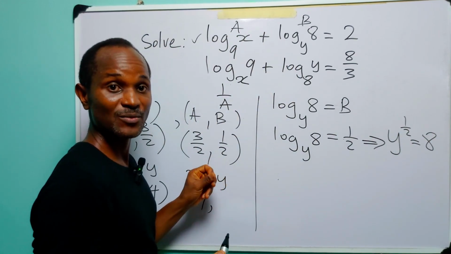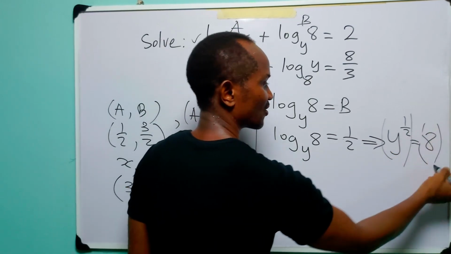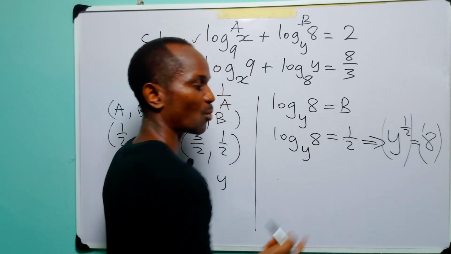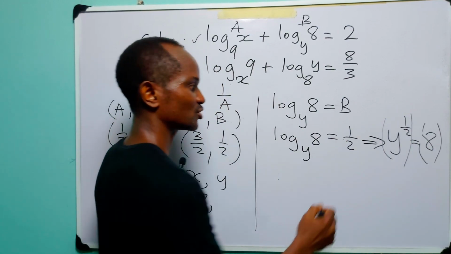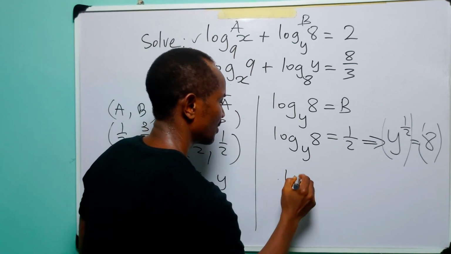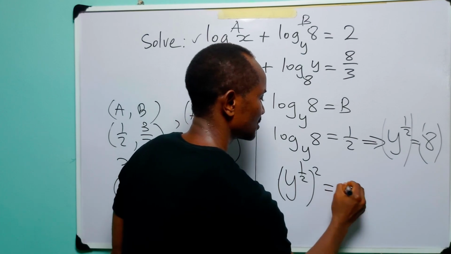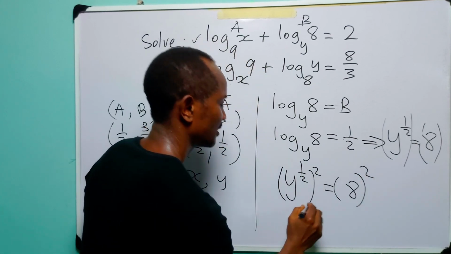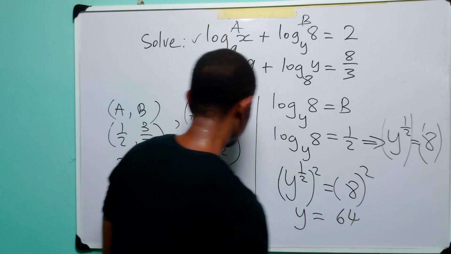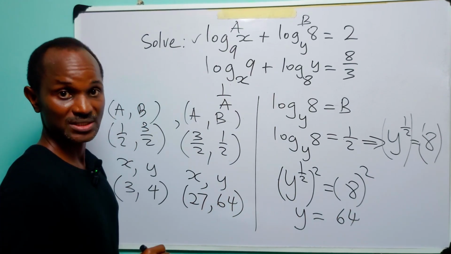Now, we ask ourselves the question again, to what power do we raise both sides of this equation so that the left-hand side, which is y, becomes 1? Of course, that is 2, because you know that 2 times half is 1. So we have that y to the power half squared is equal to 8 squared. And from here, we have that y is equal to 8 squared, which is 64. So this value of y is equal to 64.